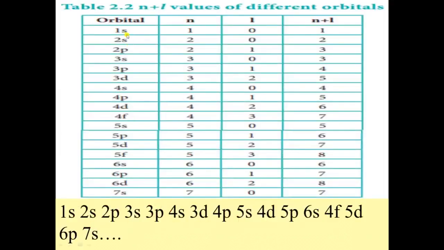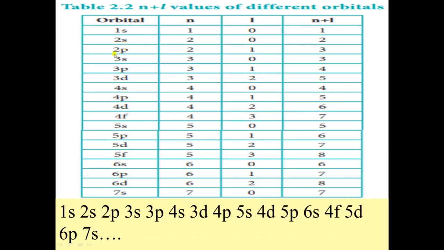For example, we have to determine the energy of the 1s orbital. Here the value of n is 1, and the value of l is 0, because for s orbital the value of l is 0. In the same way, for 2s, the value of n is 2 and the value of l is 0.